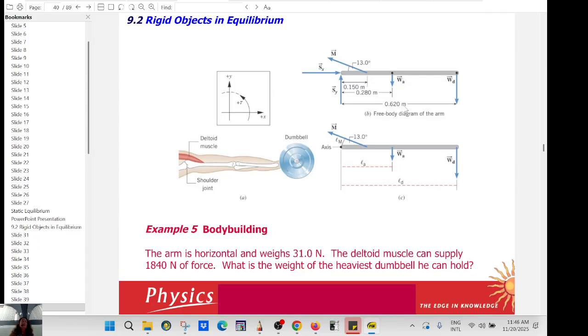Okay, so let's do this one. It's a static equilibrium. We want to take the axis of rotation at the shoulder joint here. You have two forces acting from the shoulder. But if we are using torques, the torque applied by those forces here at the shoulder joint will be equal to 0, because if you apply a force at the joint, you are not making it twist, right?